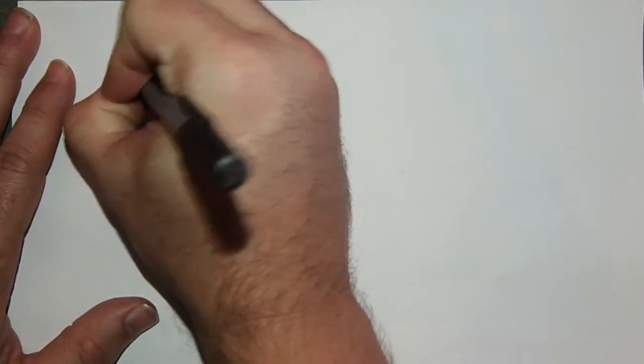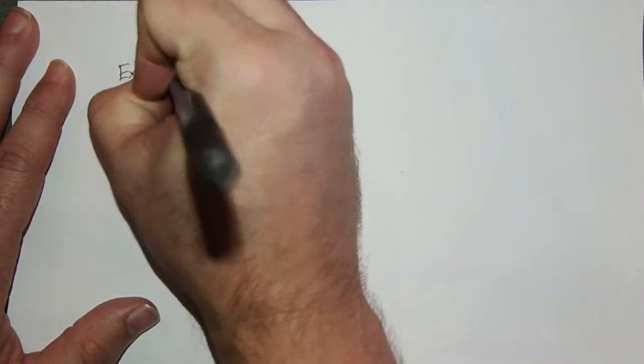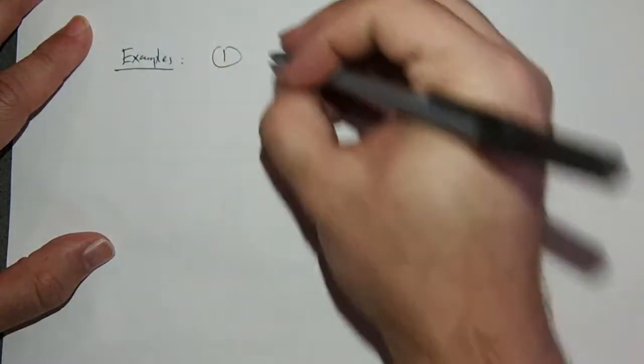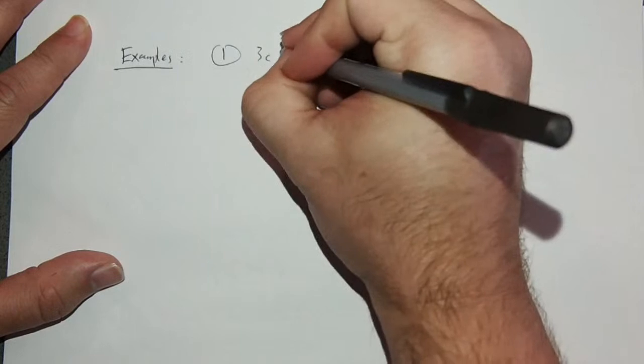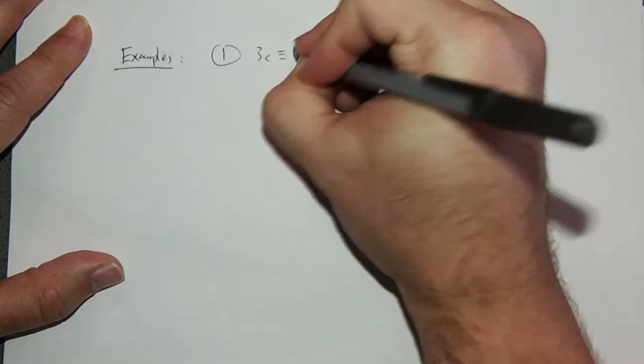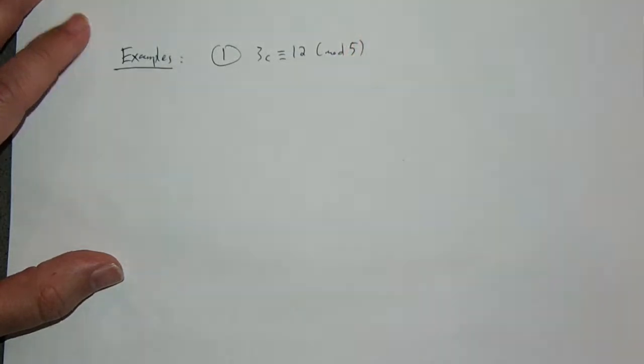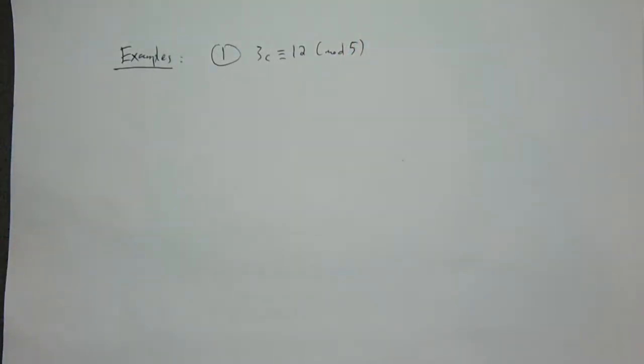I'm going to call these examples. First example: let's say that 3C is congruent to 12 mod 5, and I want to solve for C.